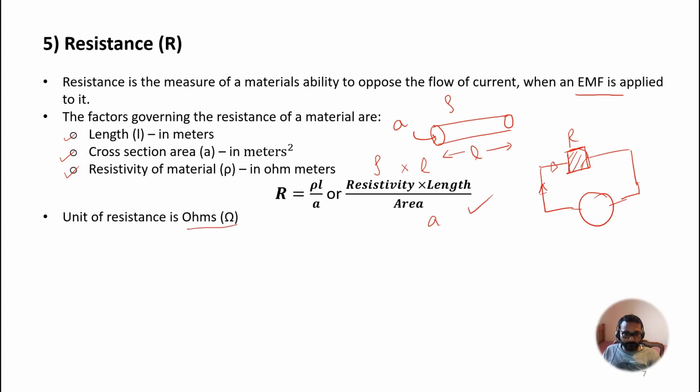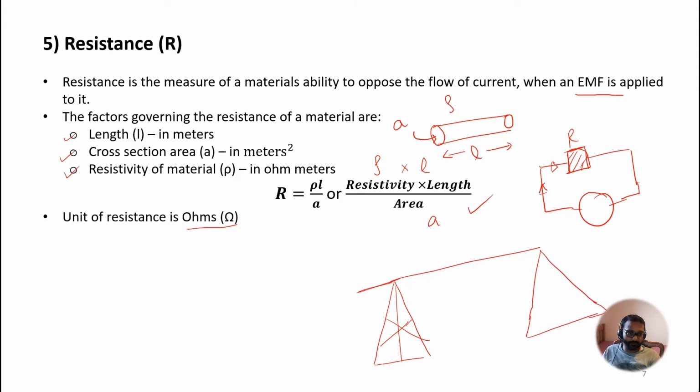Now you might have seen the overhead electrical transmission wires, right? Maybe something like this. These wires are used to transmit electricity from one city to another. You might have observed that those wires are quite thick, or their cross section area is quite large.